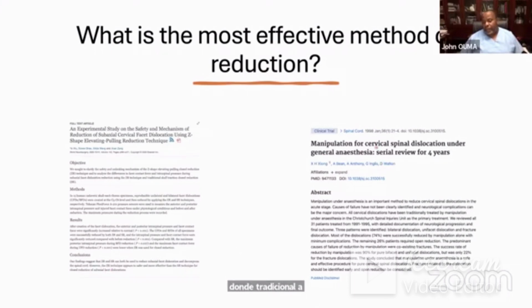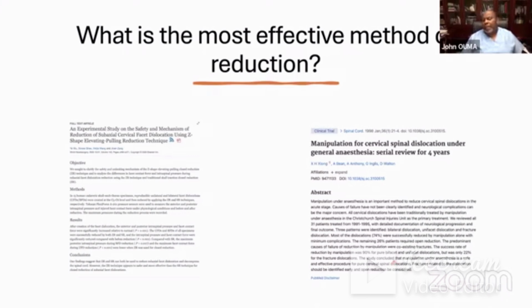This is another paper, which has been around for much longer. These authors reviewed over 4 years manipulation for cervical dislocation under general anesthesia and also showed that this is a safe and effective procedure for pure cervical spine dislocation.